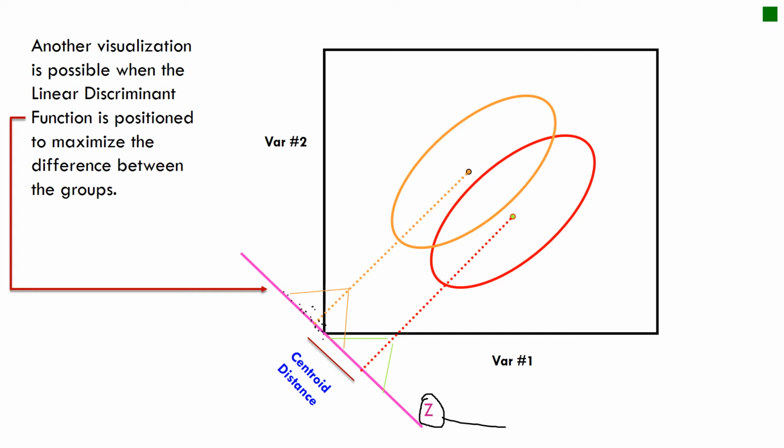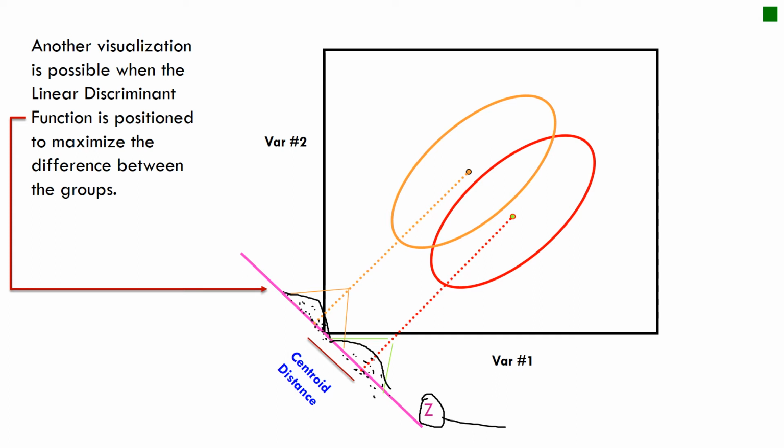So we're going to have a whole bunch of observations that are here, and then we'll have a whole bunch of observations that are here. And if we created our distributions, we'd have a distribution for the orange group, and then a distribution for the red group, and they would be distinct. And so that's sort of how that'll work.